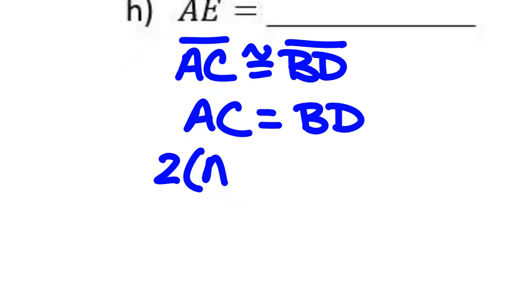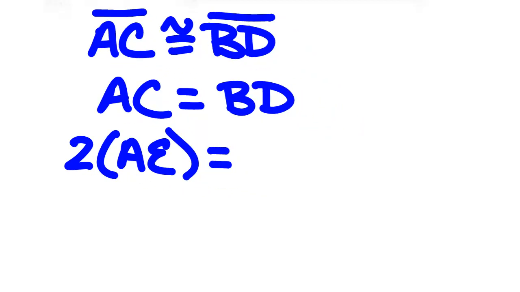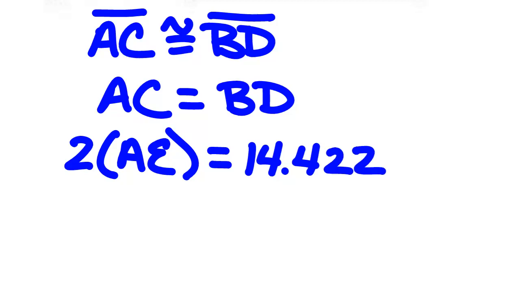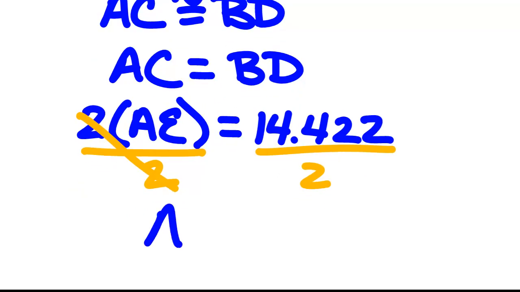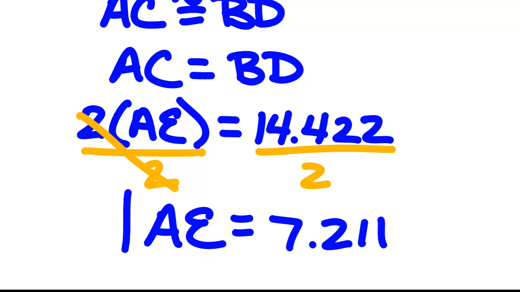AC is 2 times AE, because here it's AE and another AE. These two are congruent. So 2 AEs put together gives me the same length as BD, which is 14.422. And then we divide both sides by 2. When I divide 14.422 by 2, I get 7.211.